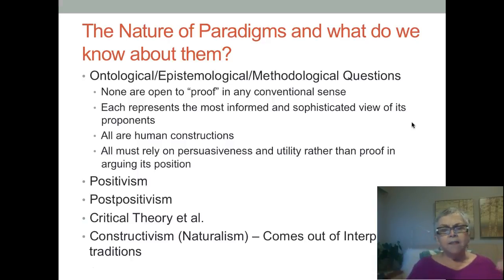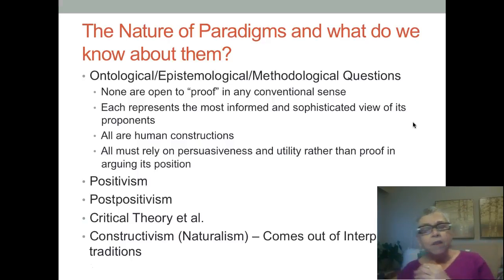But all of these views are human constructions. They have been developed by academics and scholars over a period of time through trial and error, through review, etc. And all must rely on persuasiveness and utility rather than proof in arguing its position.